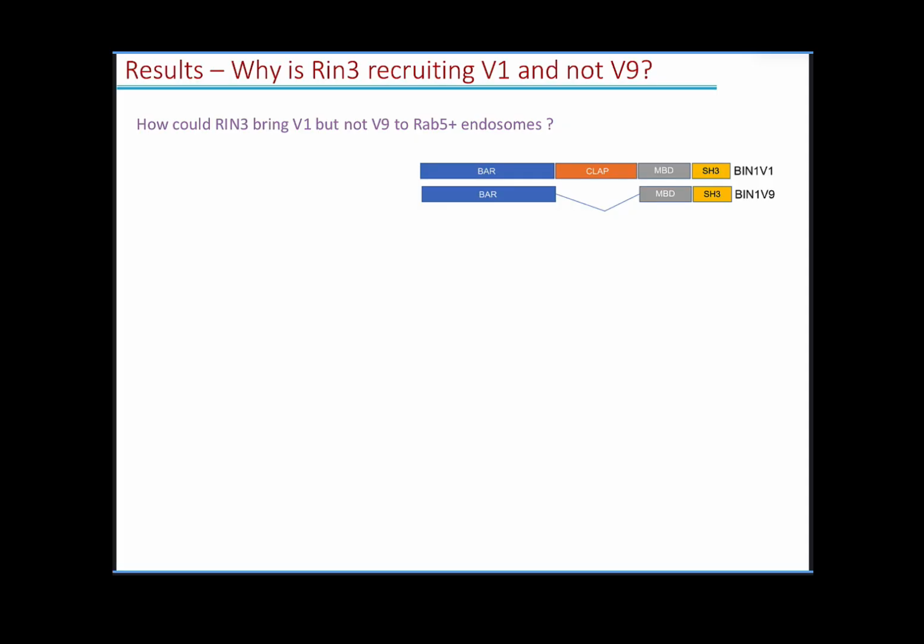So how could Rin3 be bringing V1 but not V9? Exactly. So they look at the domain structure and think, well, maybe Rin3 is binding to V1 through the clap domain. The clap domain is not there in V9. So the only reason that Rin3 is bringing V1 into these endosomes is because it can bind to it, right?